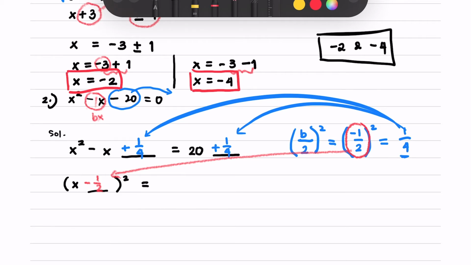Next is, syempre, i-add natin to. Bakit tayo mag-add? Kasi nga, they have similar sign. So, like sign sila, so mag-add tayo. So, paano mag-add ng fraction at saka whole number? So, since whole number yan, and then this is a fraction, automatic, ang ating denominator is 4.